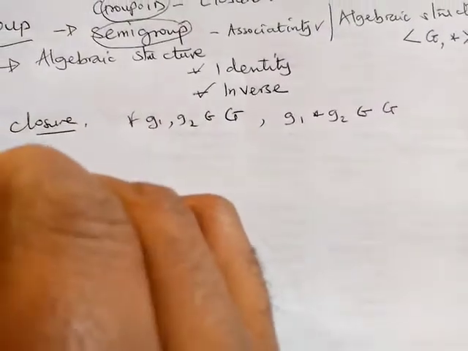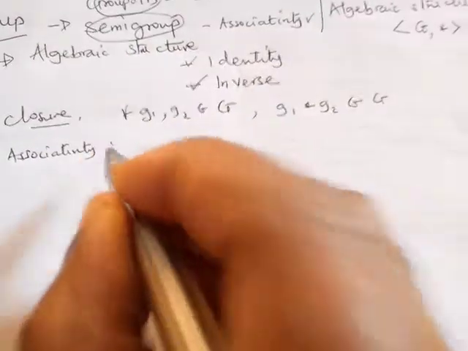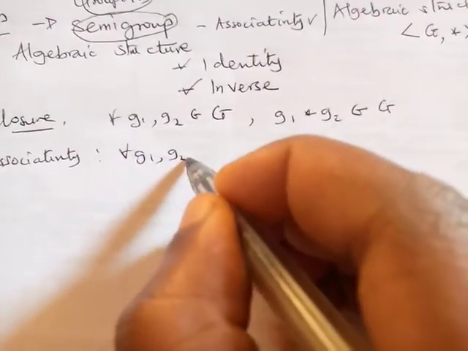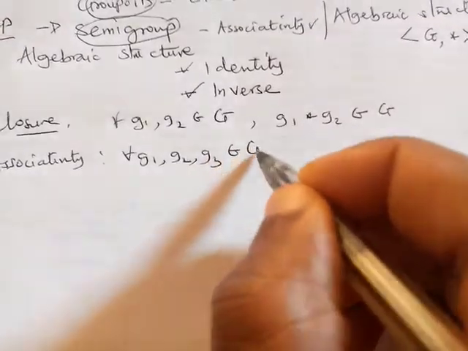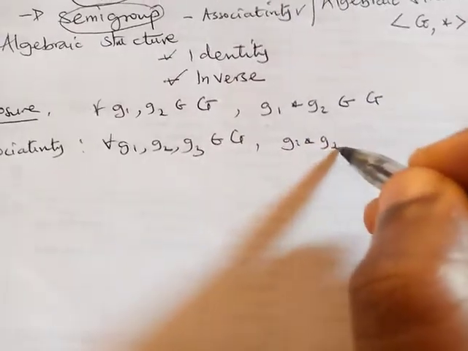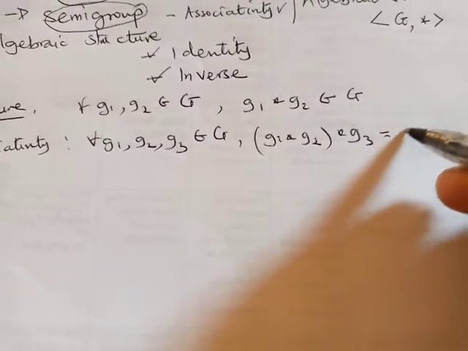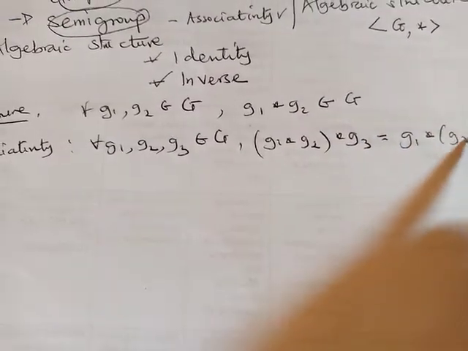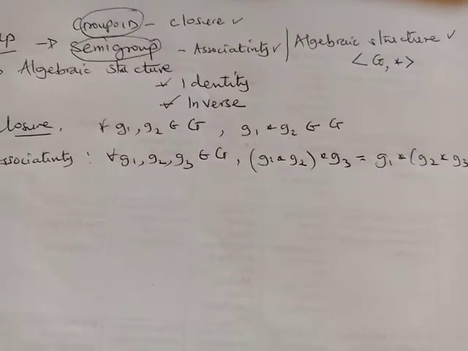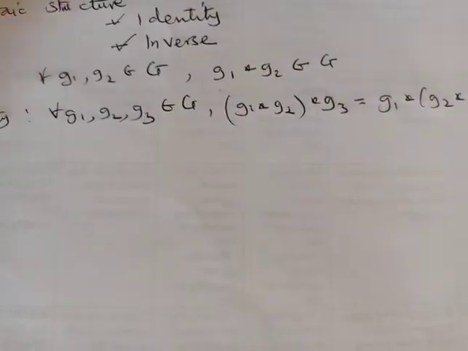Secondly, associativity tells us that for g1, g2, g3 in G, (g1 * g2) * g3 will be the same as g1 * (g2 * g3).